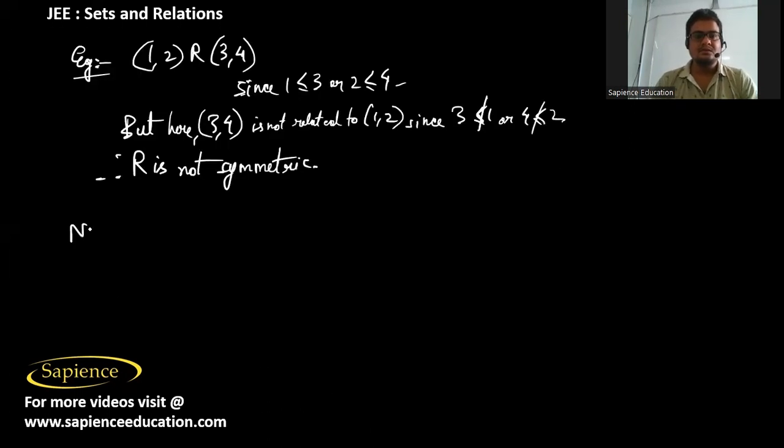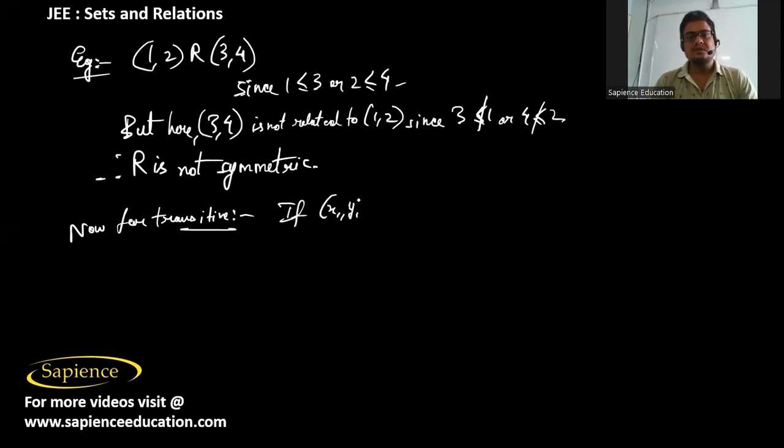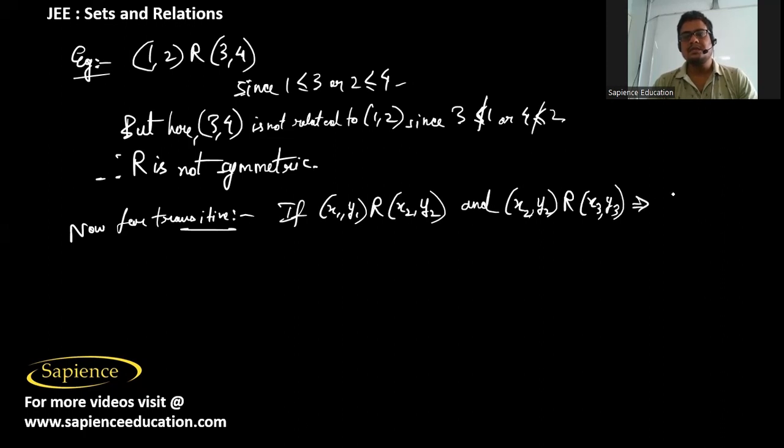Now we have to check if it is transitive or not. For transitive, the rule is that if (x1, y1) is related to (x2, y2), and also (x2, y2) is related to (x3, y3), then it implies that (x1, y1) should also be related to (x3, y3).